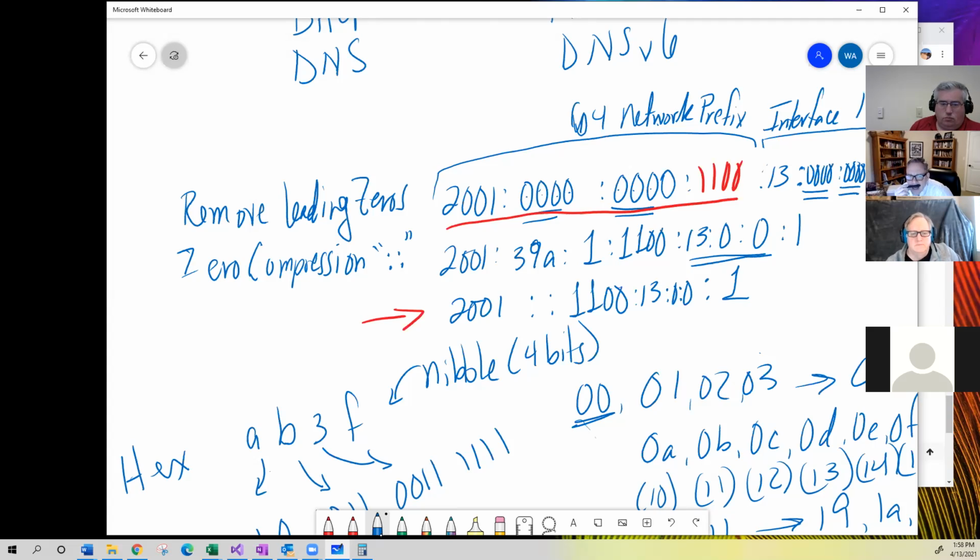So you have to make sure that all your numbers follow those rules, so that when you do a search, you search for the zero compression and leading zeros removed number.